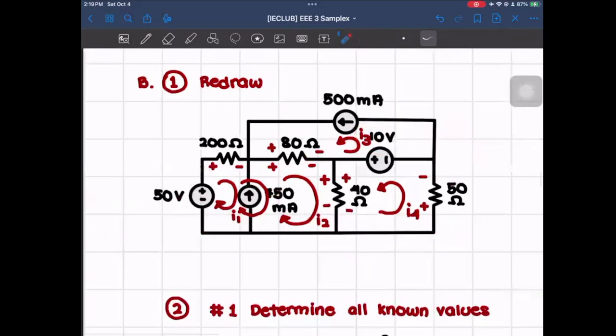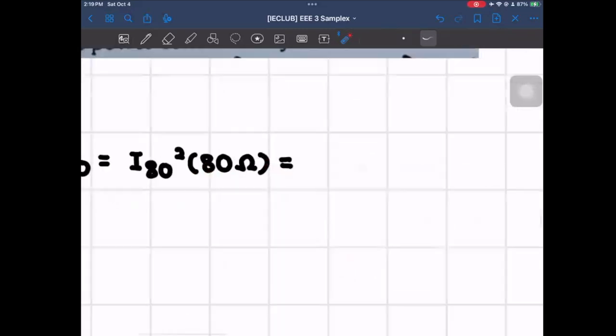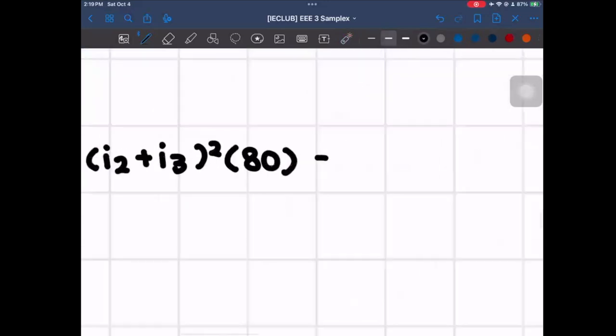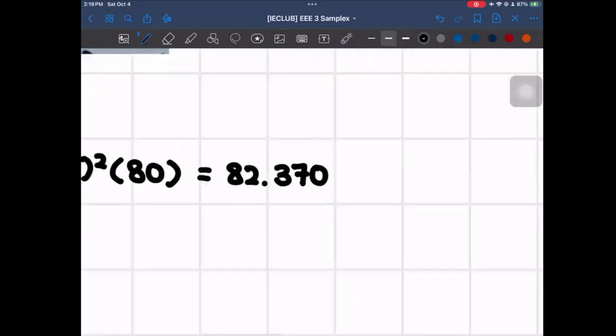So it's going to be I80 squared, that's I2 plus I3 squared, and then multiply that by 80 ohms. And we'll end up with a value somewhat near 82.370. And then the unit for power is watts. So that's the answer here.